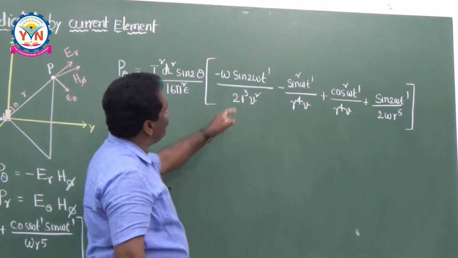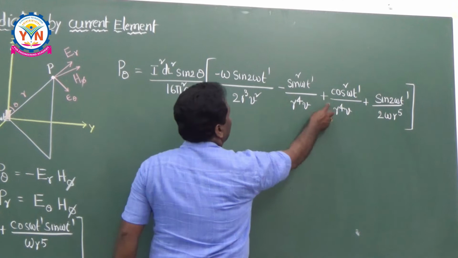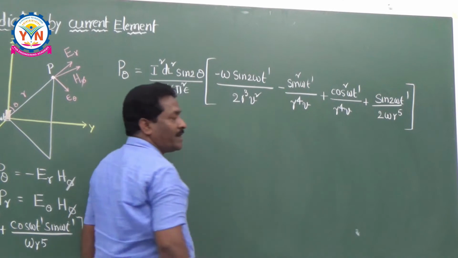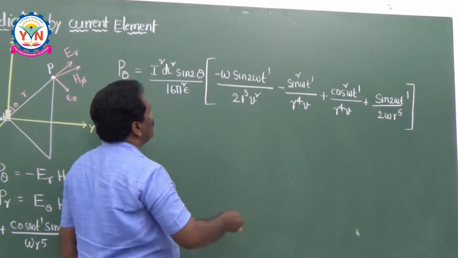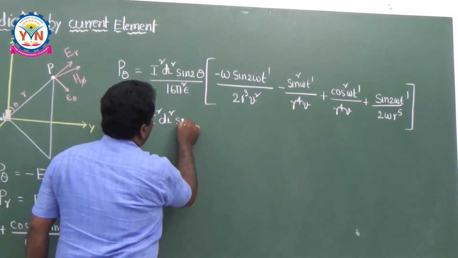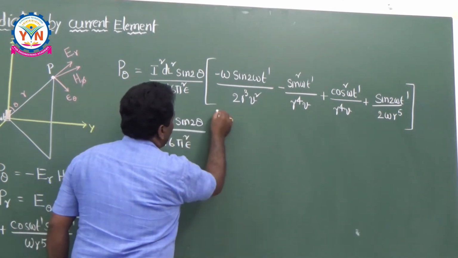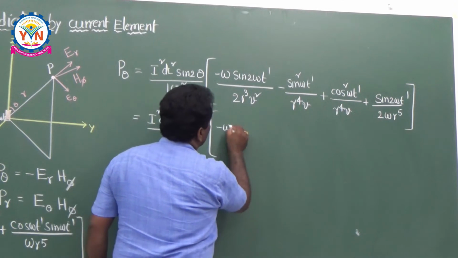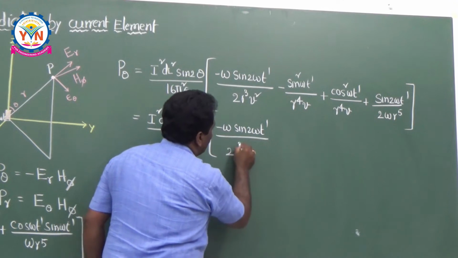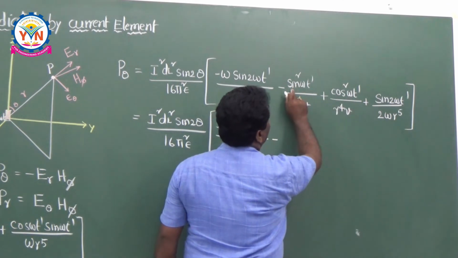So, you got sin 2 omega t here and this is also the same thing. Now this expression, cos square theta minus sin square theta divided by the same parameter, can also be written as cos 2 theta. So, you can write this as I square dl square sin 2 theta divided by 16 pi square into epsilon into minus omega sin 2 omega t dash divided by 2 r cube into v square, minus cos square theta minus sin square theta, that is cos 2 theta.